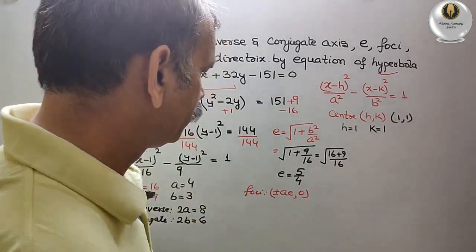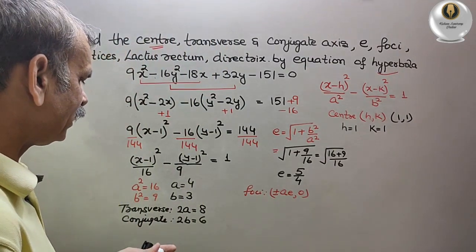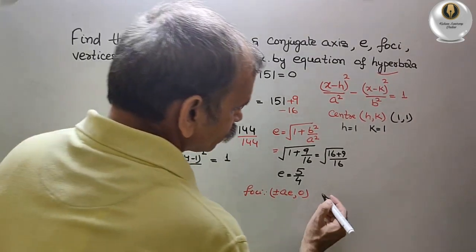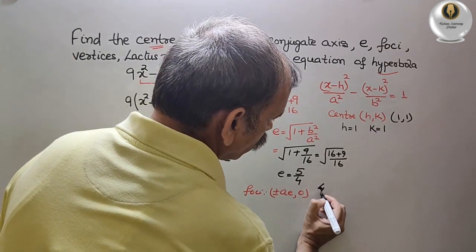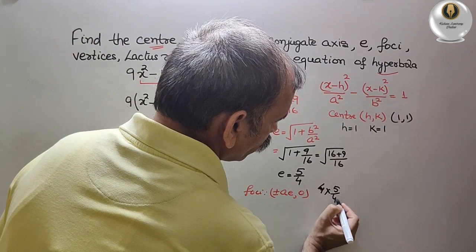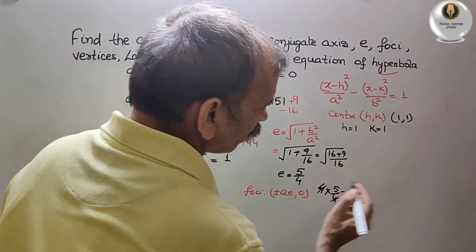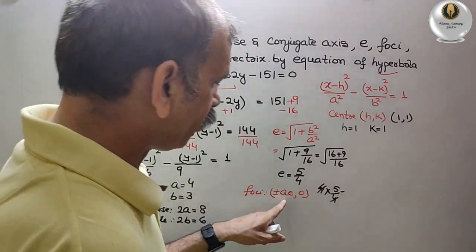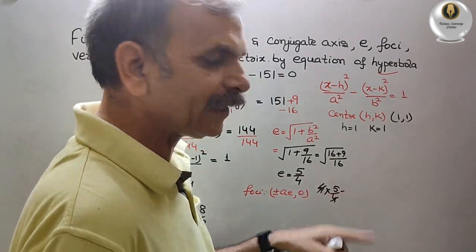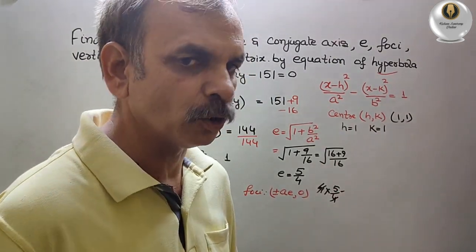What is that? So we can say A is 4 and E is 5 by 4. 4 and 4 gone. That means 5. So for the center 0, the foci is plus minus 5 comma 0.